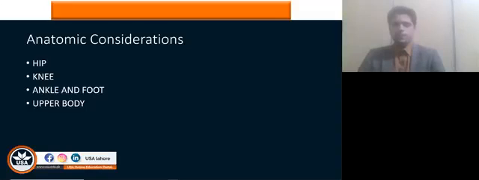Now, hip, knee, and ankle foot mark the main part of your gait. But what about the upper body? What role does the upper body have in your gait?